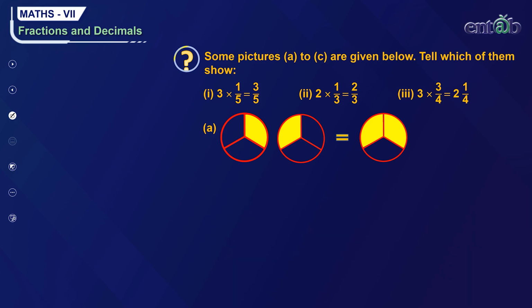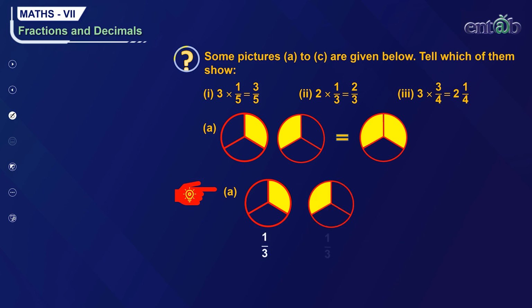Let's look at the A part. Here this circle represents 1 by 3 as a fraction. Another circle represents 1 by 3 as a fraction because one part is shaded and total parts are 3. Now 1 by 3 plus 1 by 3 can also be written as 2 times 1 by 3.